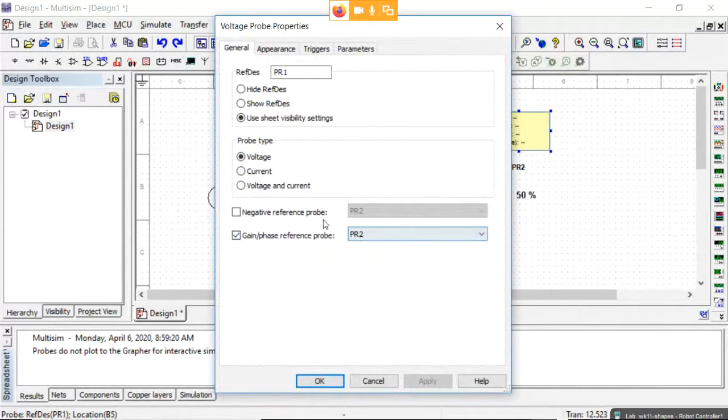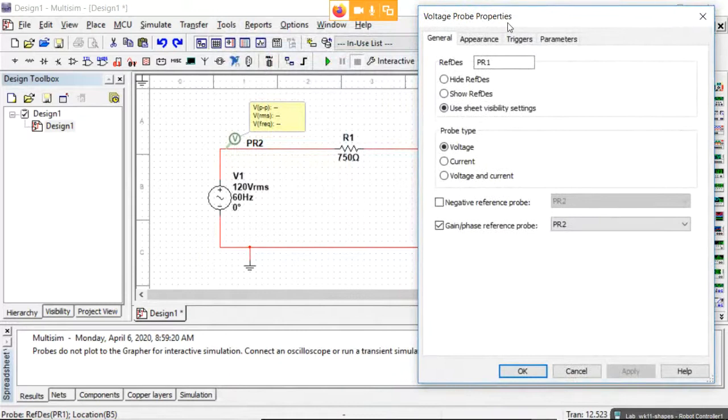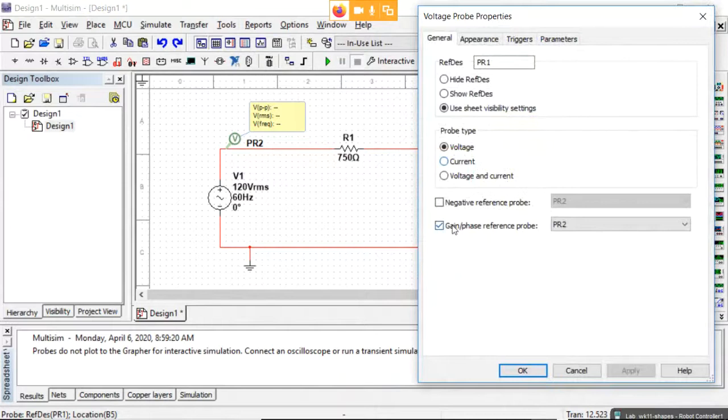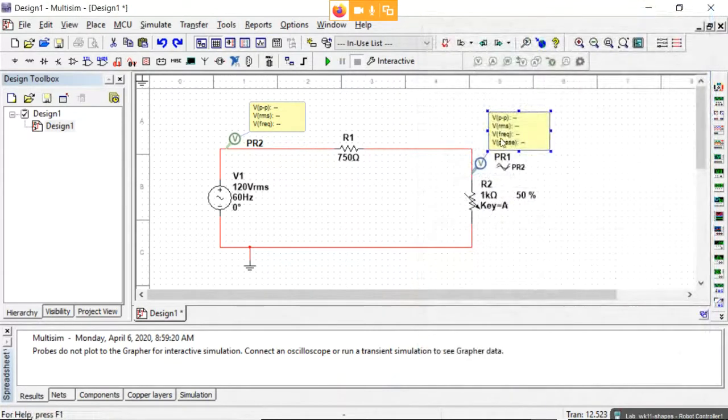So what we're doing here is setting up at least two probes to get the phase angle. You have to have the first probe. It's actually labeled probe 2, but this is kind of my reference because it's over at my voltage. And this one I mark as a gain phase reference, and I reference it back to the source one. Therefore it can actually give me the phase angle. Otherwise it wasn't giving me the phase angle.